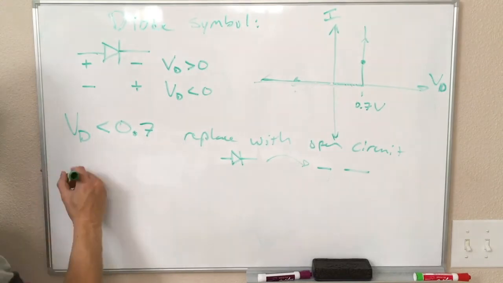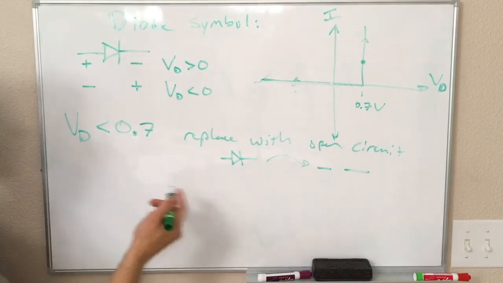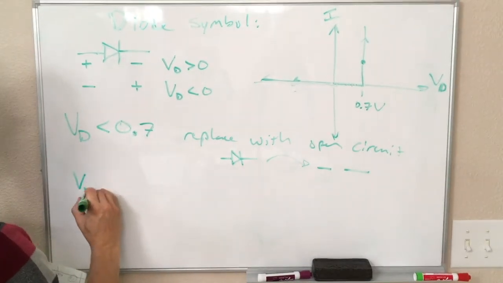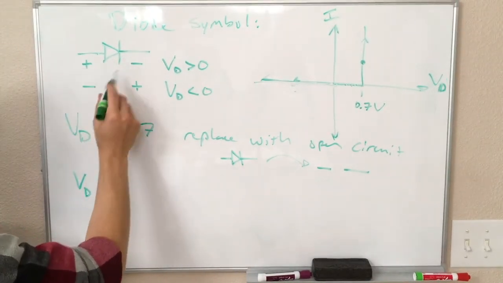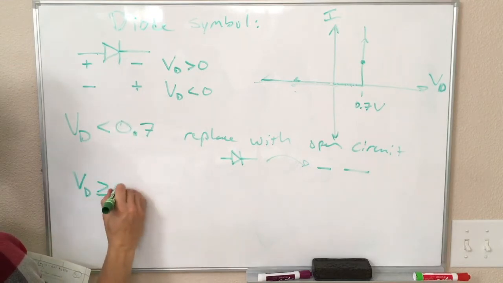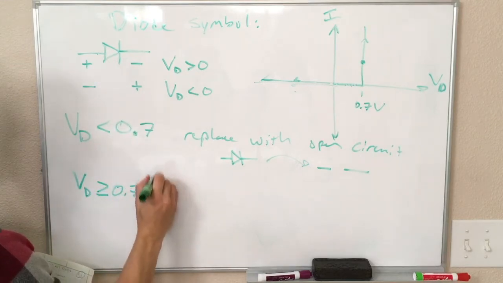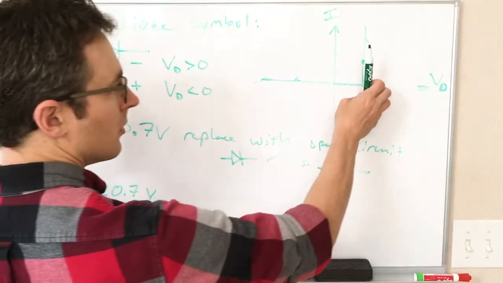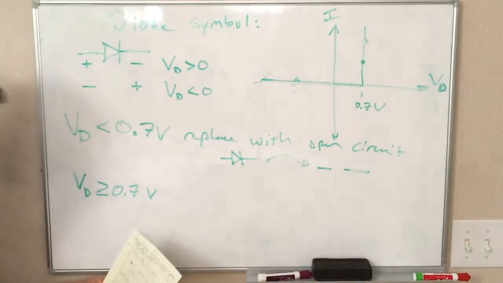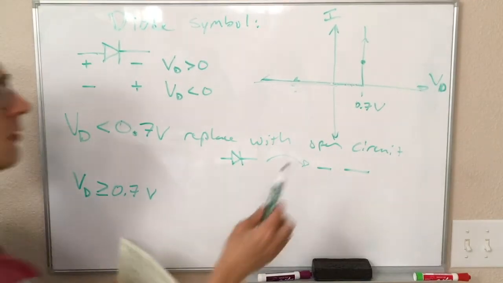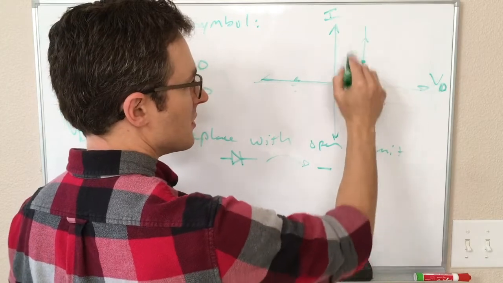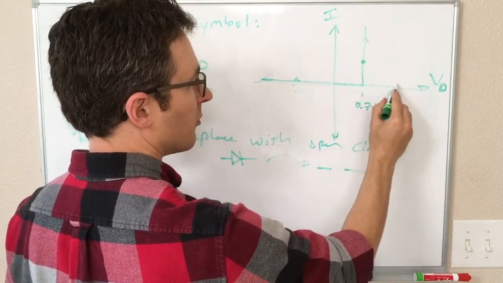All right, so the only other alternative is that we calculate some diode voltage greater than or equal to 0.7 volts, meaning we're on the right half of this. But of course, we can't be at any voltage higher than 0.7, right? There is no solution to this equation for points out here.